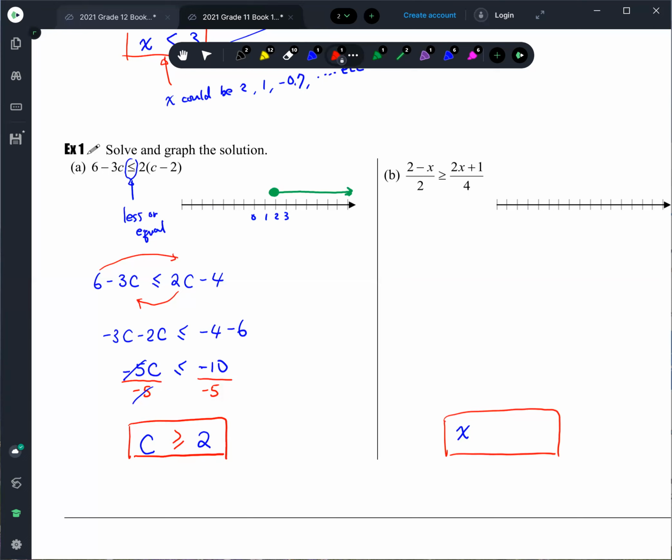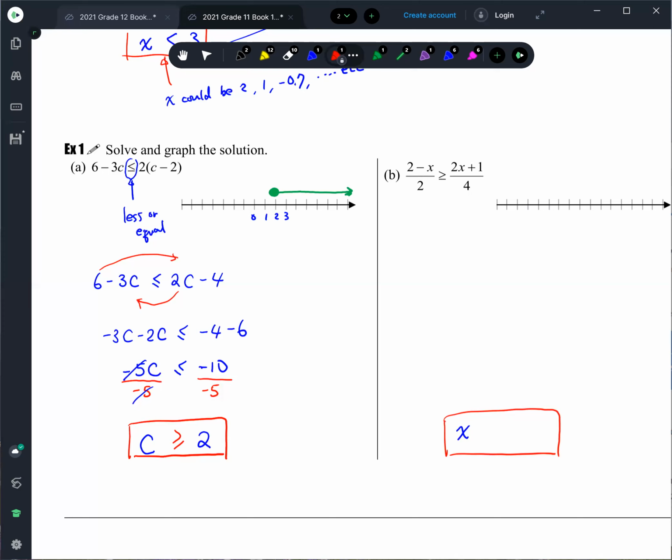Because there are two separate equations, I just did 2 times the denominator on the left side, and on the right side I just did 4 times the denominator. If you multiply, you have to multiply by the same number. You cannot multiply a different number on each side. So what number will work for both sides to get rid of the denominator? Let's say 2.